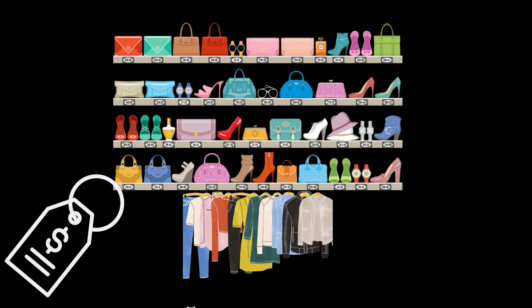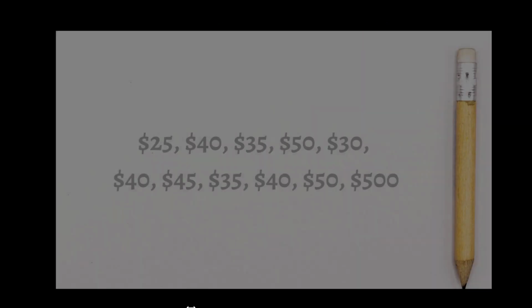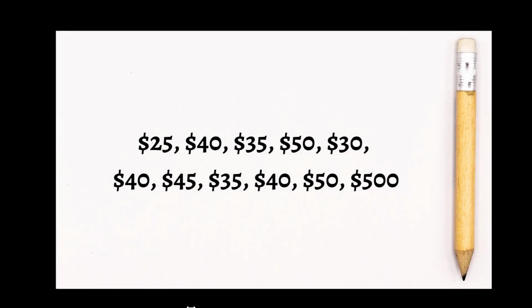Is their pricing affordable for you or not? So you come up with different questions in your mind, and to answer those questions, you jot down some of the product prices. Definitely you cannot jot down the prices of all the products in the shop, so you identify a few products which can represent the shop and you jot down the prices.